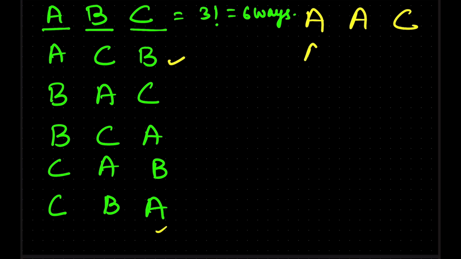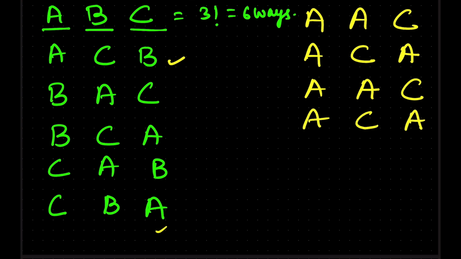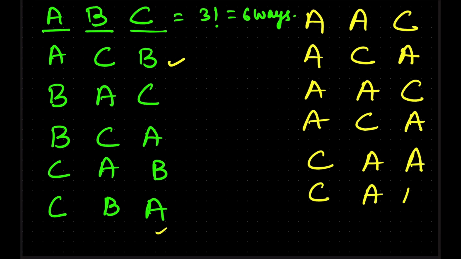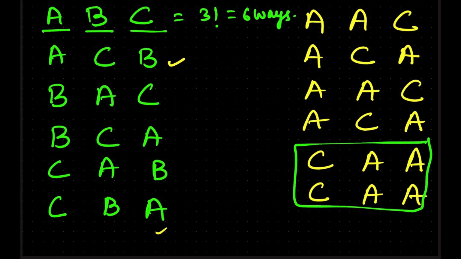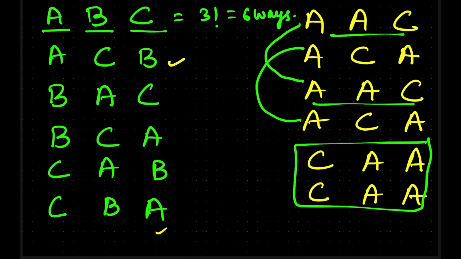So we get A, C, A; then A, A, C; then A, C, A; then C, A, A; then in place of B again A, then C, A, A. What you can see is that these 2 are similar, similarly these 2 are similar, and again these 2 are similar, like AAC and here also AAC. So we get only 3 ways in the second case.